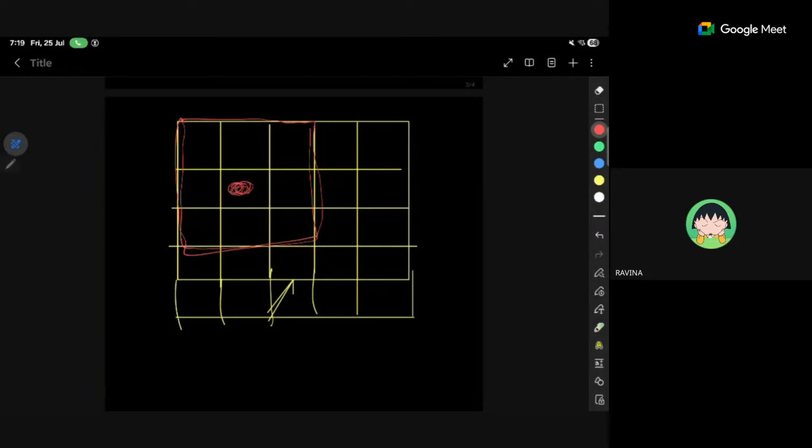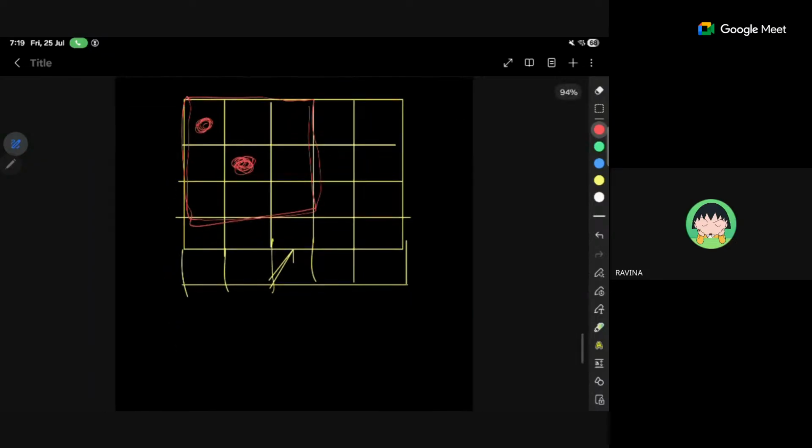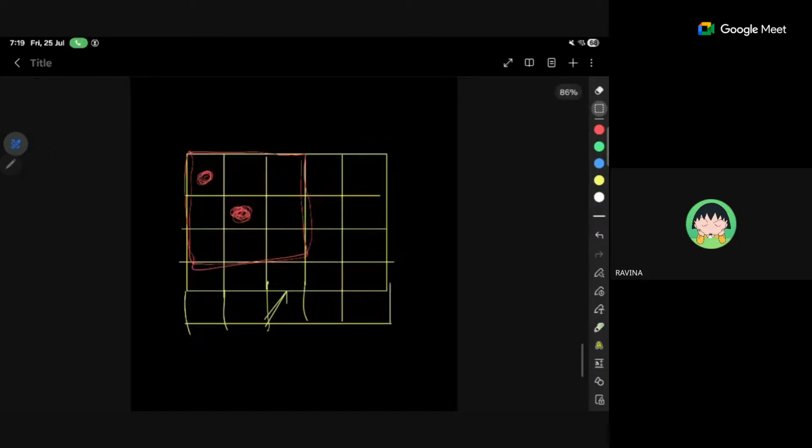So if I am here, and there's one cell around it, I can extract its value. What if I wanted to extract the value of this? How will I do that? That is the idea. So what we can do is add a padding around it.